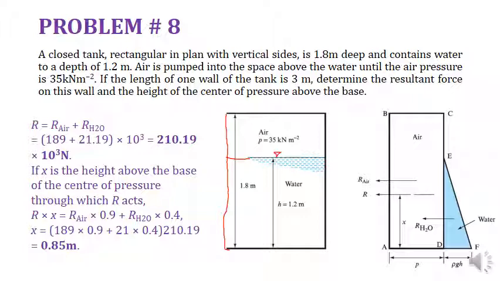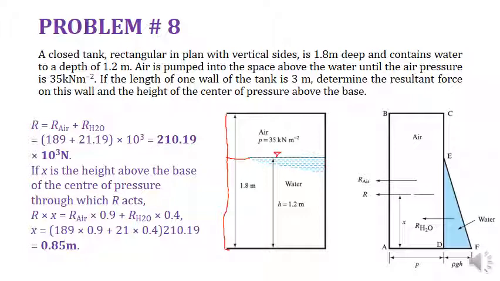It's very easy. Let's suppose it is required to determine the resultant. Your resultant force will always be equal to the force applied by the air plus the force applied by the water on a particular wall. If it is the air, it will be 189, and if it is water, it will be 21.19. The height is given, it will be 0.6.